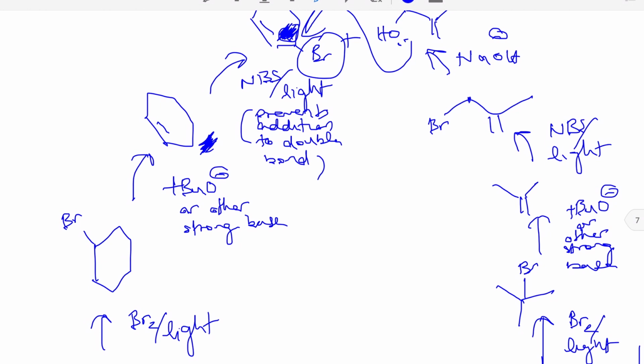So the next best molecule that this can originate from is this alkyl bromide. And if we want to go from this alkyl bromide to this cyclohexene, we can do an E2 reaction, which can involve the use of tert-butoxide or some other strong base.